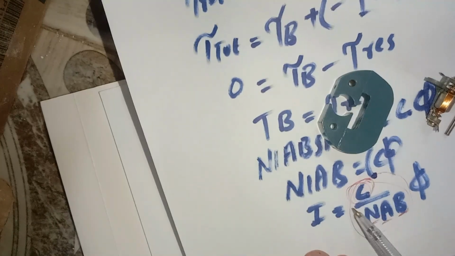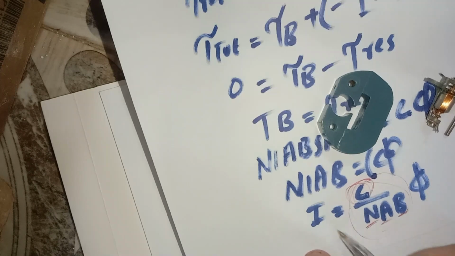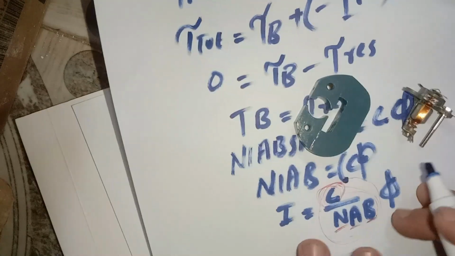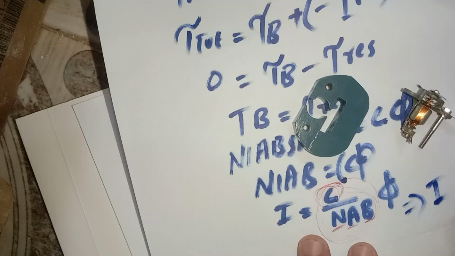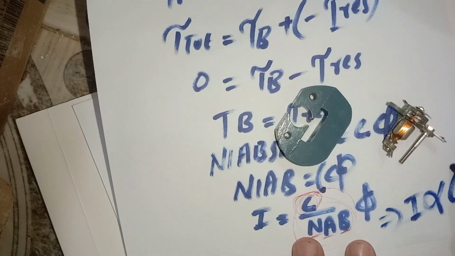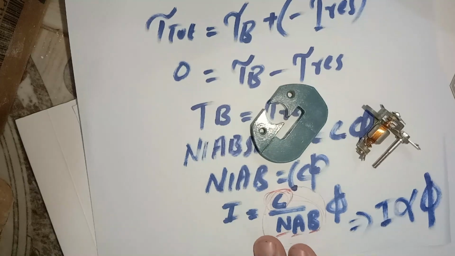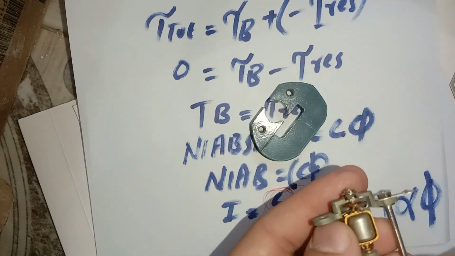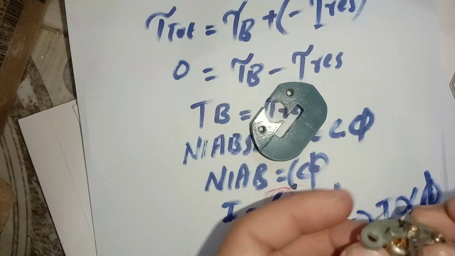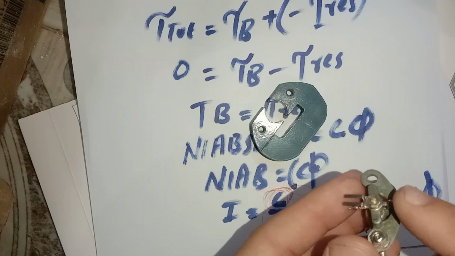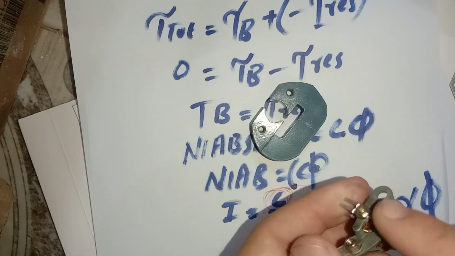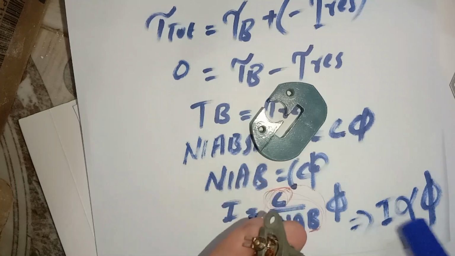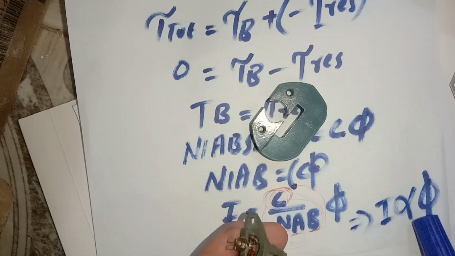If we have a constant and an equality sign, then we can put the proportionality sign, so I is directly proportional to the angle. It means that if we increase the current to the galvanometer, more deflection phi will occur. So I is directly proportional to phi.